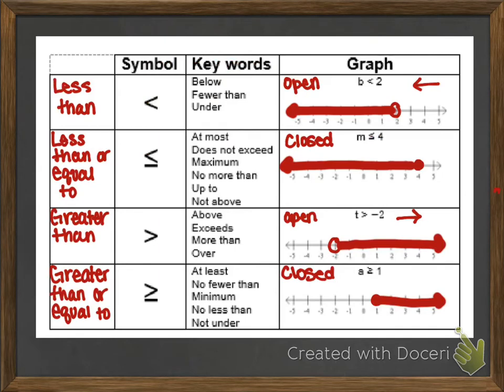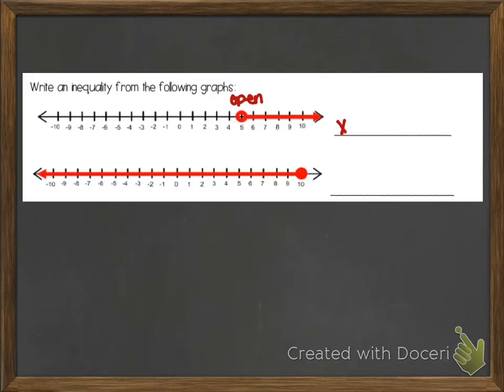So if I look back at greater than, I could say above, exceeds, more than, or over. So I could say X exceeds, and then the number that the circle is at, which is 5. And that gives me the inequality X is greater than 5.